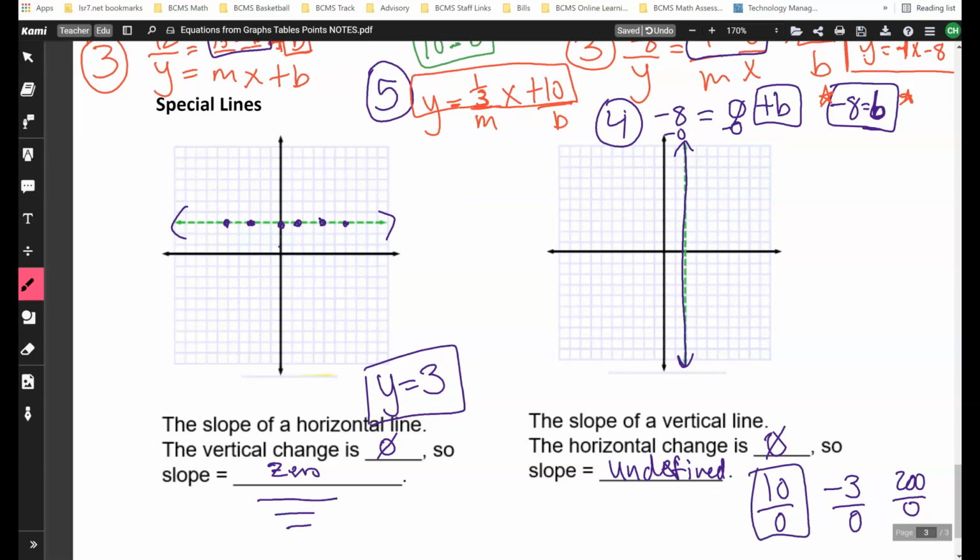So if you try to divide anything by nothing, you're going to get an error in your calculator. It's undefined. There's no value that we can give to it. So when the horizontal change is nothing, that's when we get undefined. In this case, this would be an x equals graph. As we look at it, if we start at the origin, it looks like you go over 1, 2. Yep. So any point on this line is going to have the same x value, which is 2.